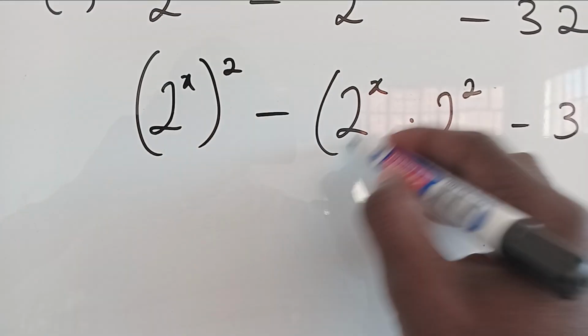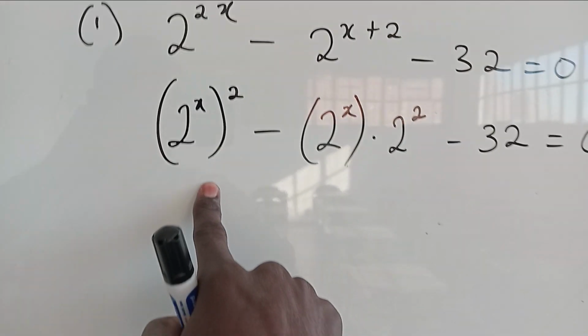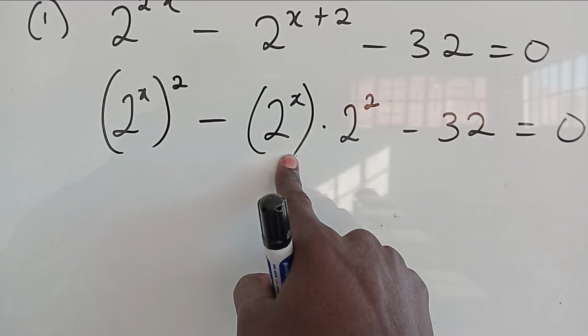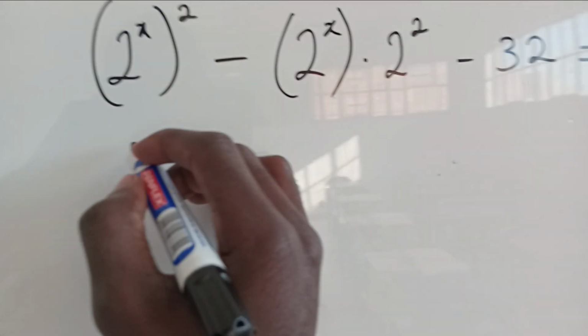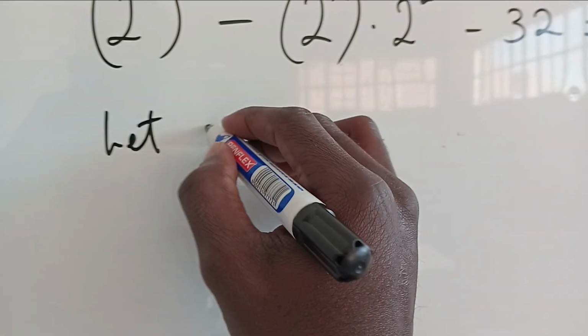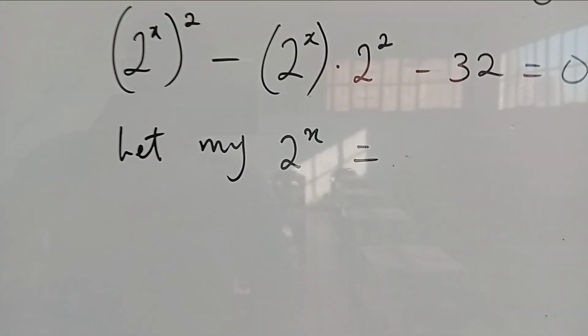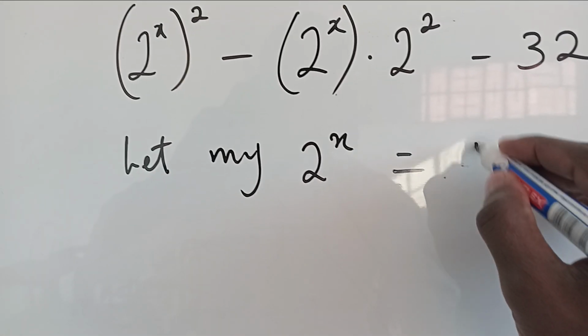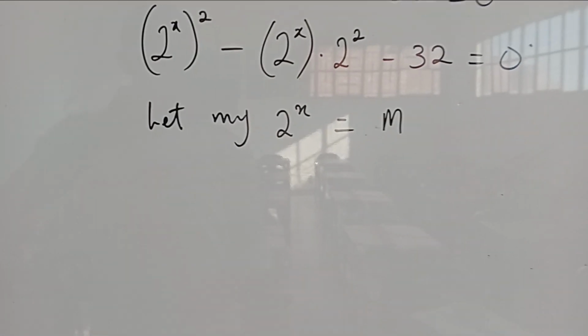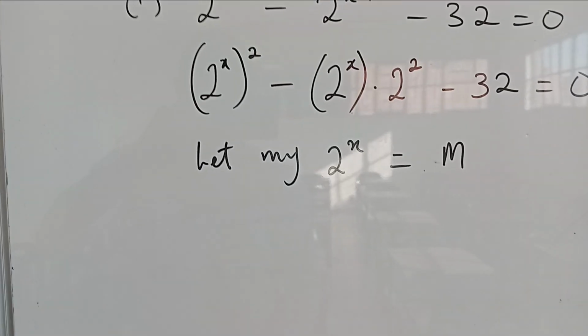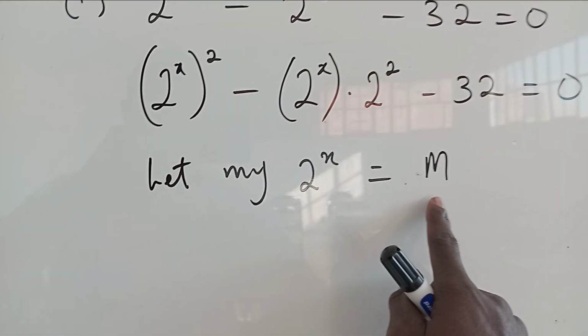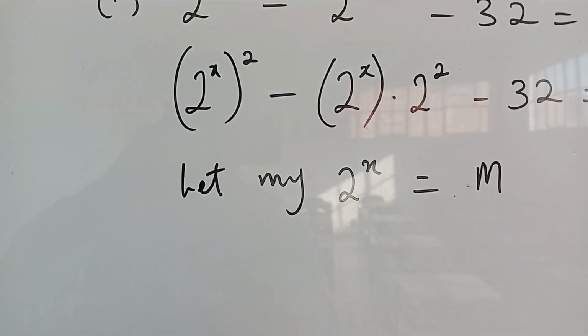Now if you look at this, we have 2 raised to the power of x here, and 2 raised to the power of x here. So we can say let 2 raised to the power of x equal, you can use any value, I'm making it equal to m. So I'm substituting m for 2 raised to the power of x.